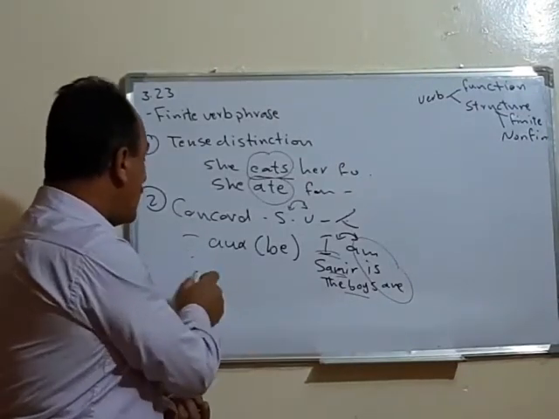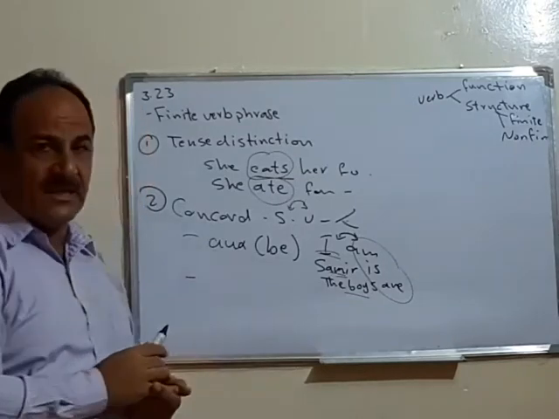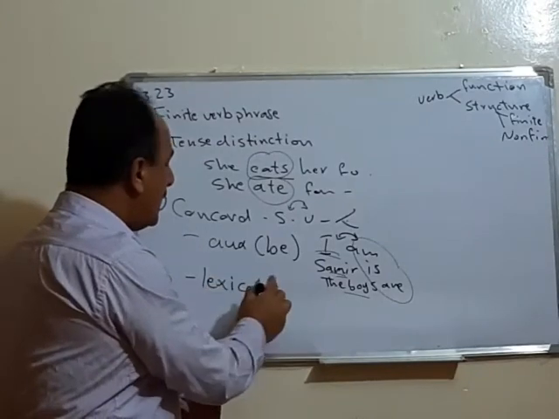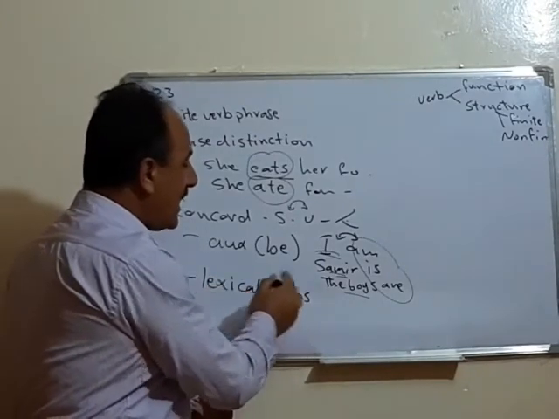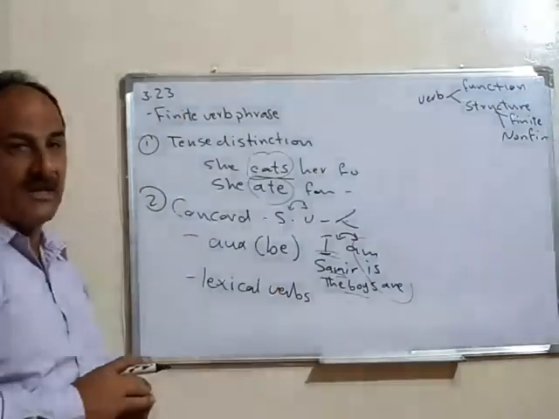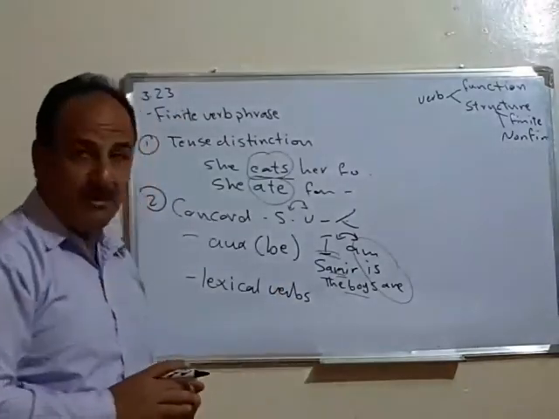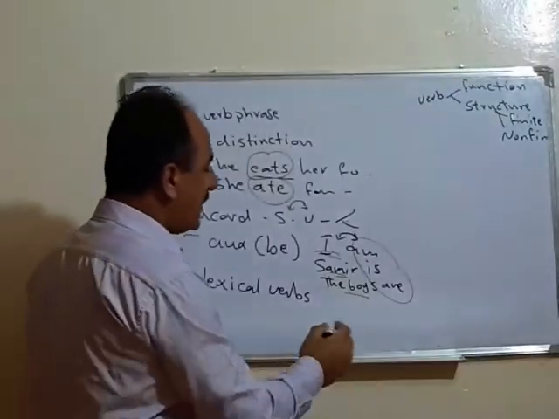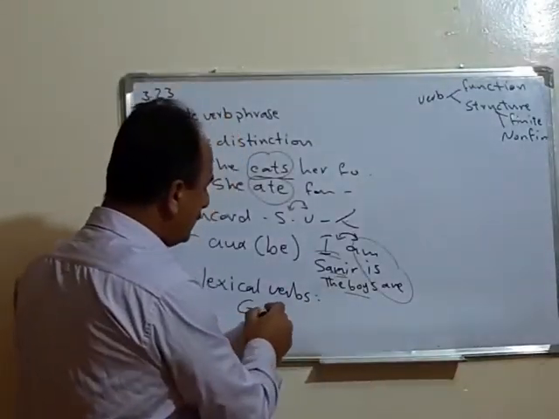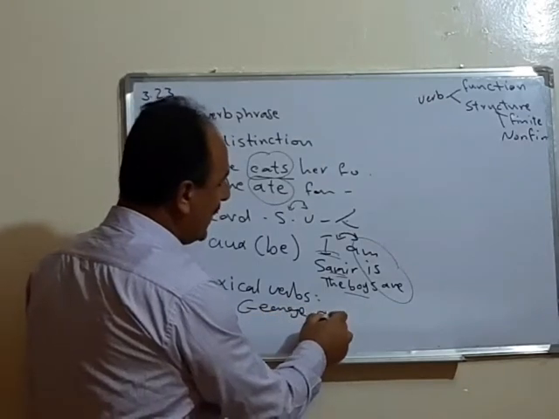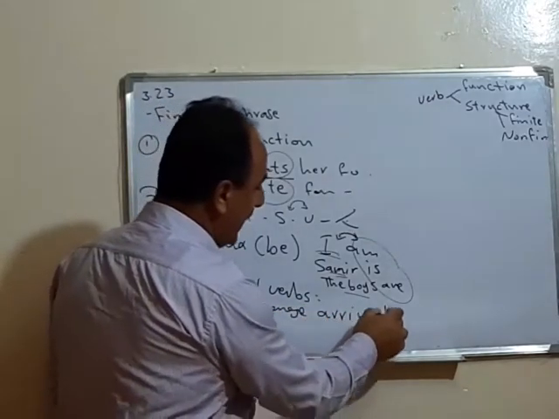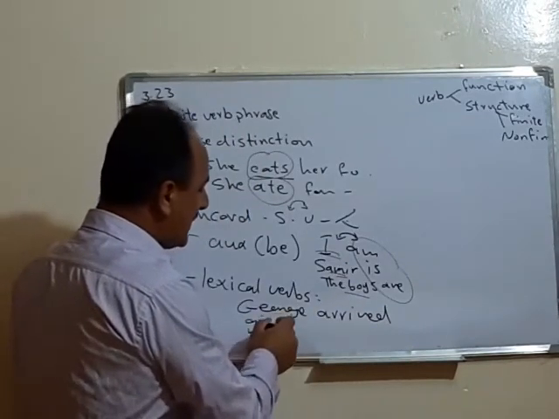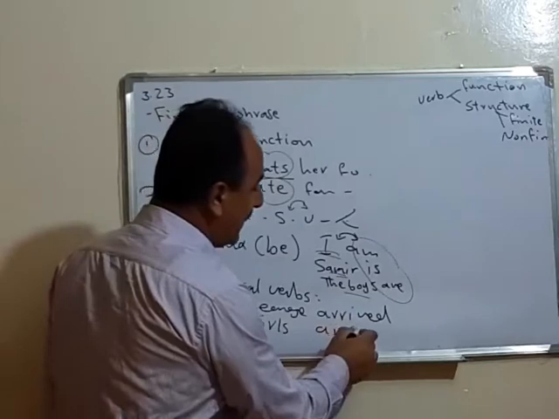The second case, which is not very clear, is with lexical verbs. With lexical verbs the concord is not very clear. Why? Because, for example, in the past we cannot recognize it clearly. Say "George arrived", and if we say "the girls arrived", again we say arrived.